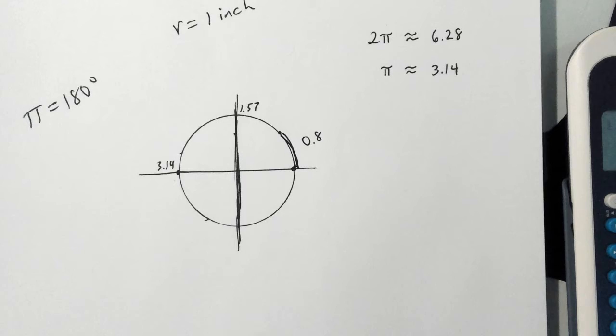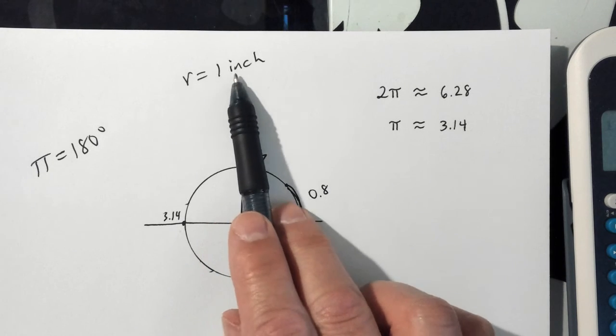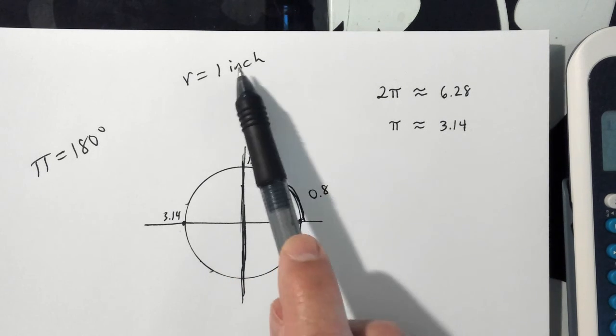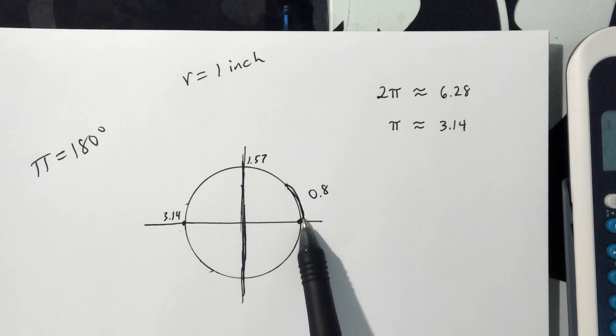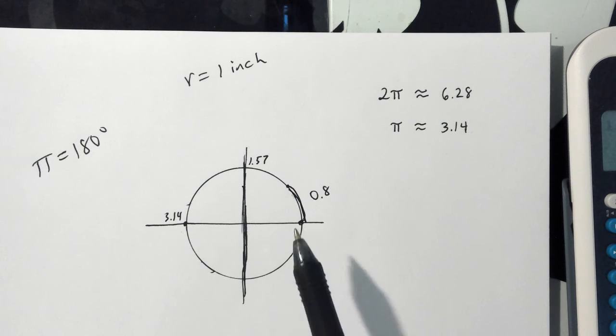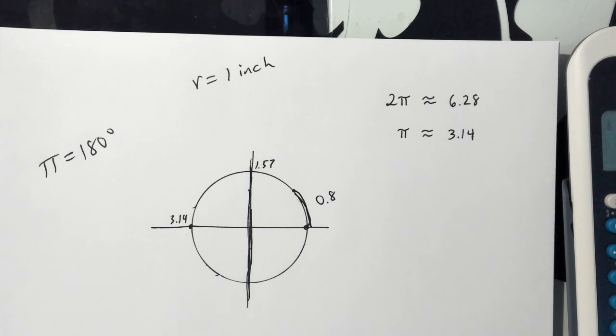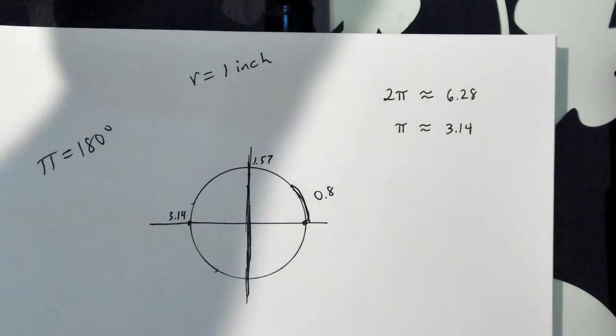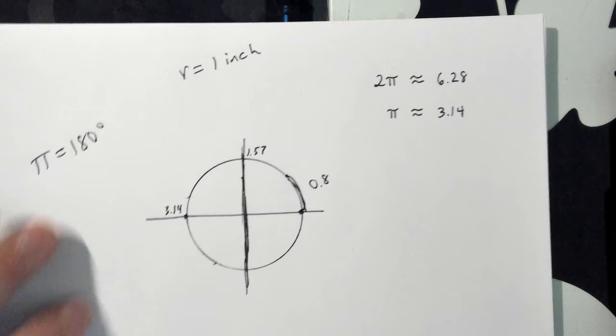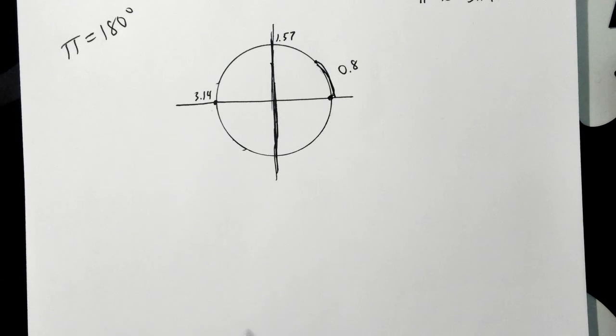Radians. If you don't know the actual length of the radius, you don't say inches. You don't say 0.8 inches. You say 0.8 radians. So long story short, you see decimals? Those are radians.